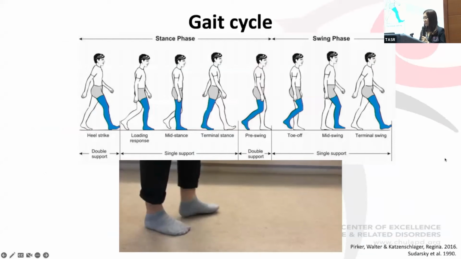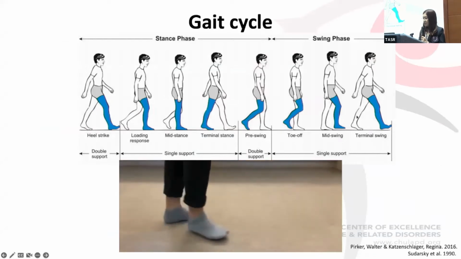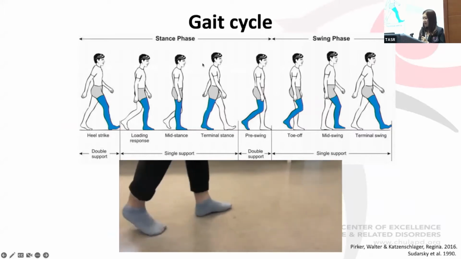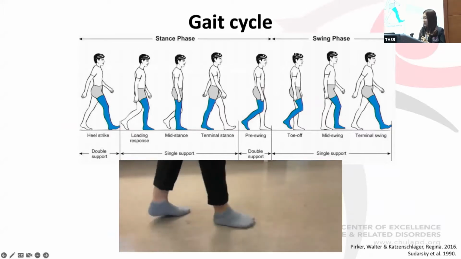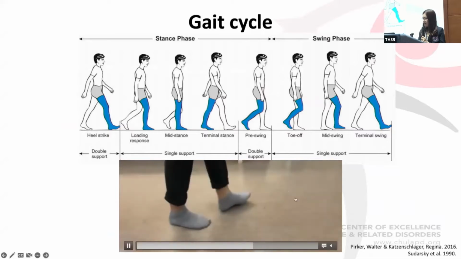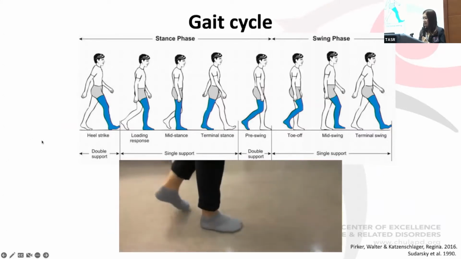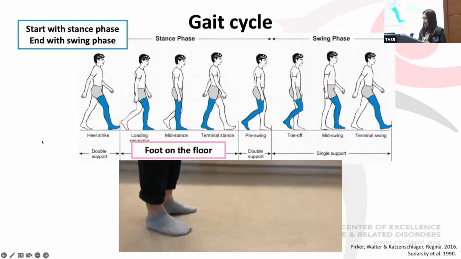Before we go to the abnormalities in those 4 steps, you have to know about the gait cycle. You can compare the demo picture in the first row with the real video in the second row. The gait cycle starts with the stance phase and ends with the swing phase.